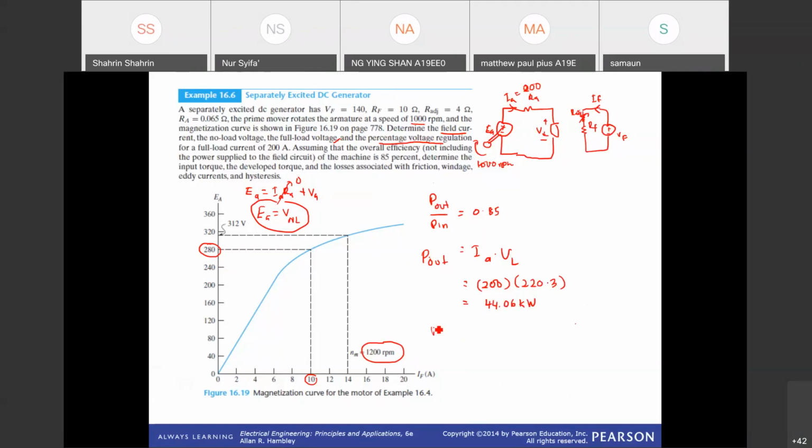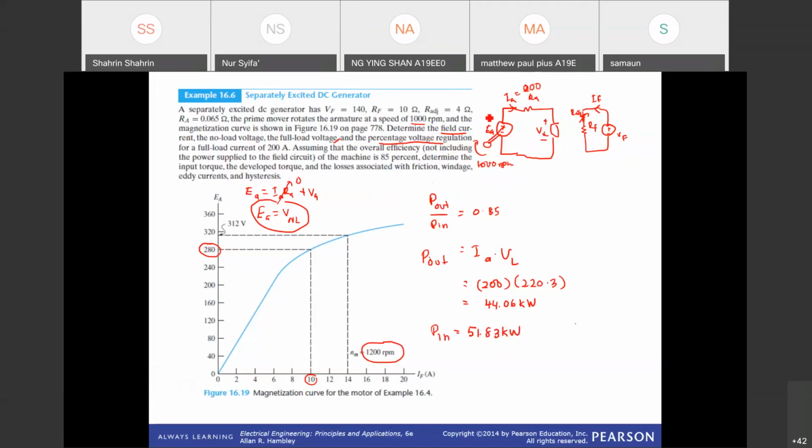So P in is equal to 44.06 kilowatt over 0.85, which is 51.83 kilowatt.